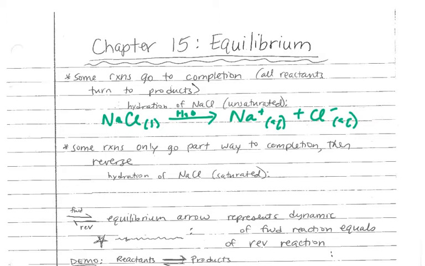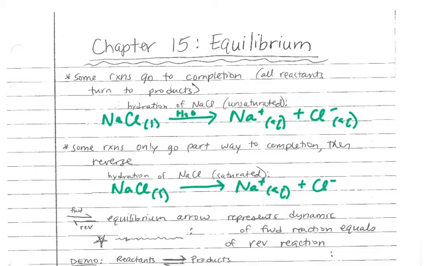But some reactions only go part way to completion, and then they reverse themselves, and we call these reversible reactions. This can happen to sodium chloride in the case of a saturated solution. If you add a whole bunch of sodium chloride to a solution, a lot of it will dissociate into aqueous ions.